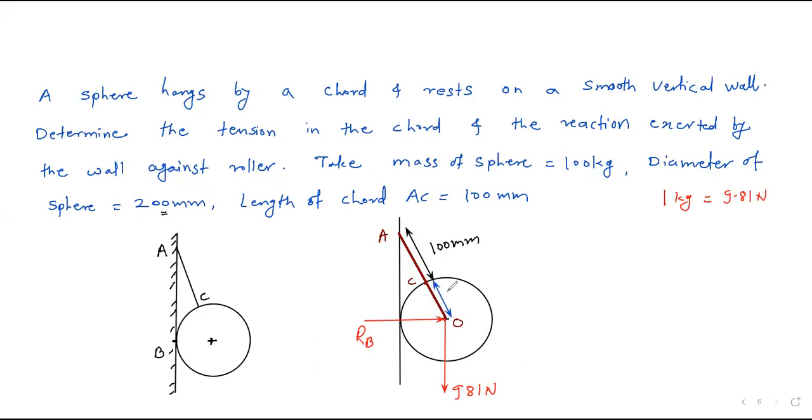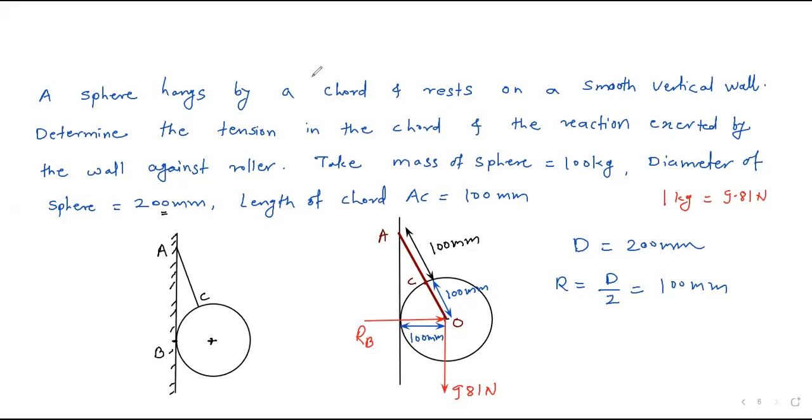If D is 200 mm, then the radius R is equal to D by 2, so it will be 100 mm. And you can see over here, this dimension is also a radius, so this is also 100 mm.